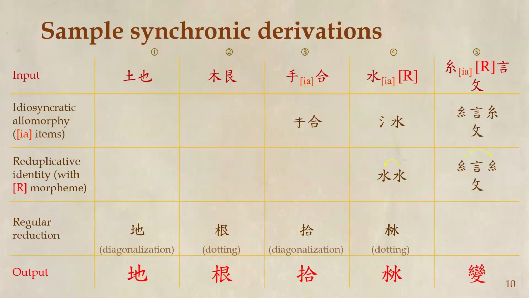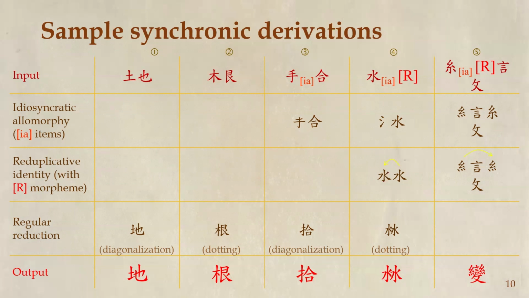So you put these together in a synchronic ordering with 5 examples here. You first apply idiosyncratic allomorphy, which is lexically specified to only apply to the IA items, the idiosyncratic allomorphy items in columns 3, 4, and 5. And then you have reduplicative identity, which only applies to characters that have an R reduplicative morpheme in them.